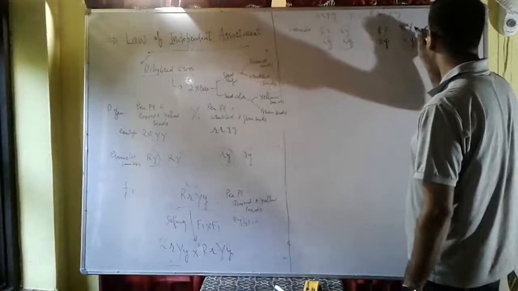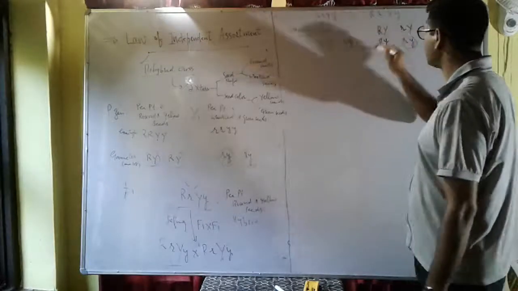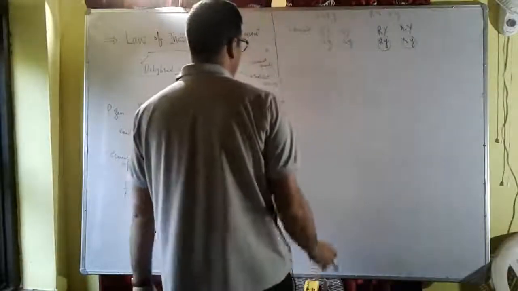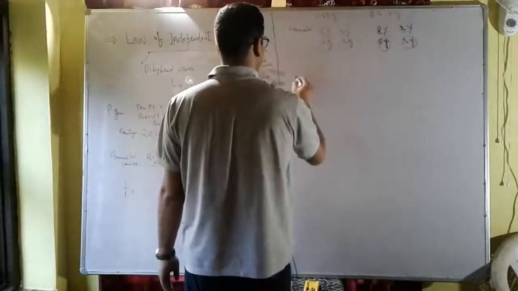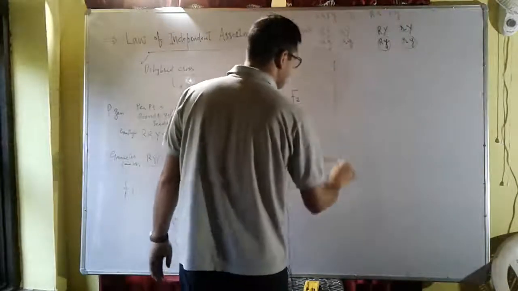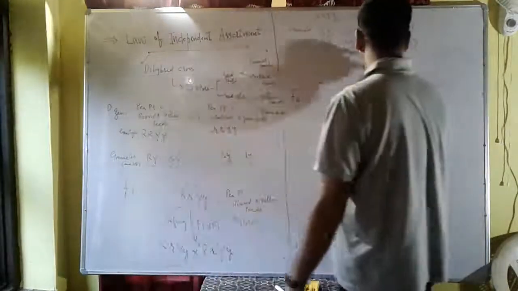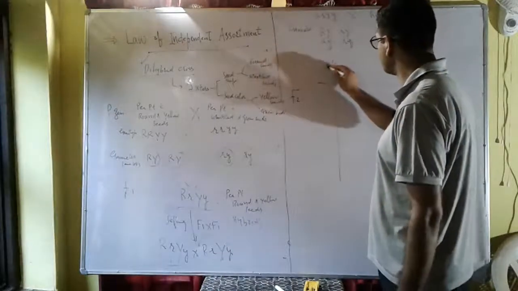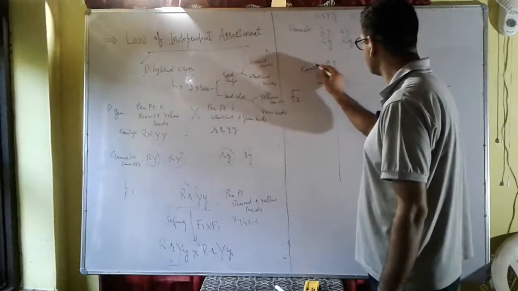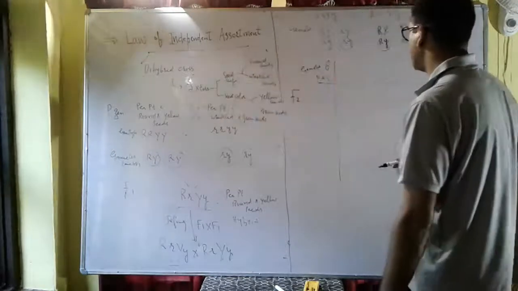These are the gametes. Then we'll go for the fusion of the gametes to get the F2 generation. To get the F2 generation, we'll make a checkerboard, with the male gametes and the female gametes.